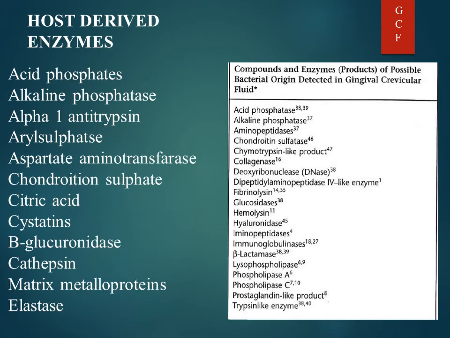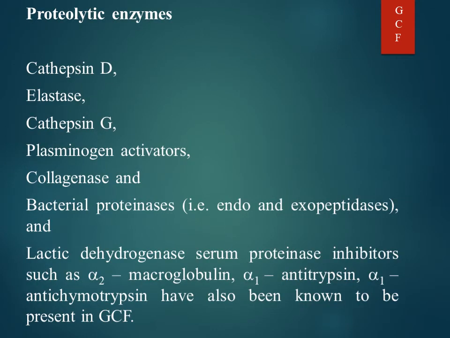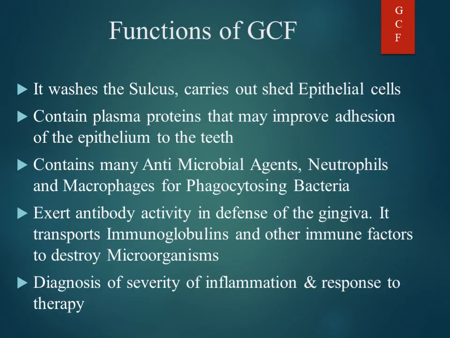And now we are going to the enzymatic components. We know that for enzymatic components, you again have host derived and bacterial. Host derived, there is a big bunch of enzymes: your MMPs, acid phosphatases, chondroitin sulfatase, collagenase. And then bacterial proteinases, endopeptidases, exopeptidases. These are all your bacterial derived enzymes.